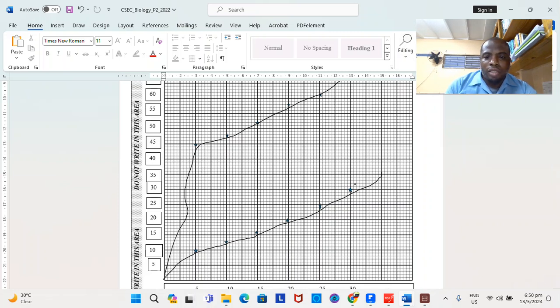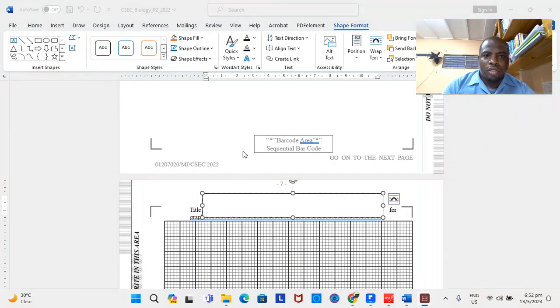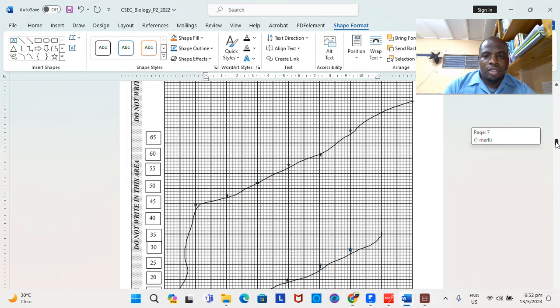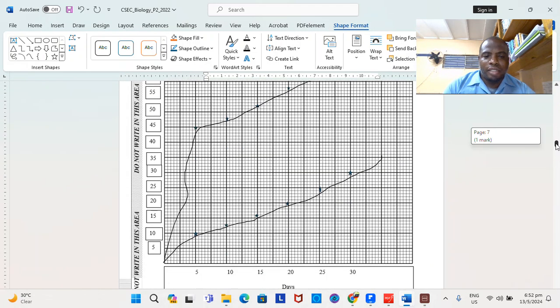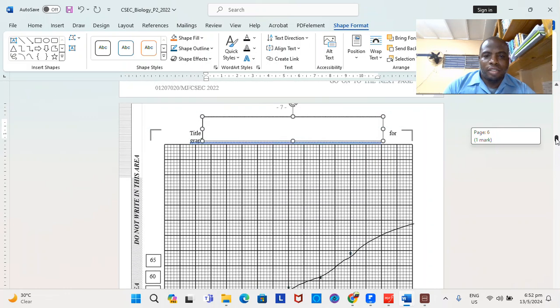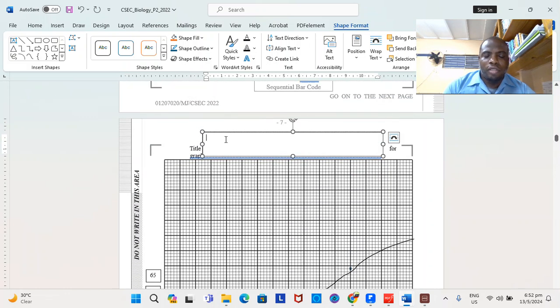So you would have labeled this, this would have represented, so we would have completed the curve, as I said before, and now the question regarding a title was also a part of it. Well, a part of the question was for you to provide a title.